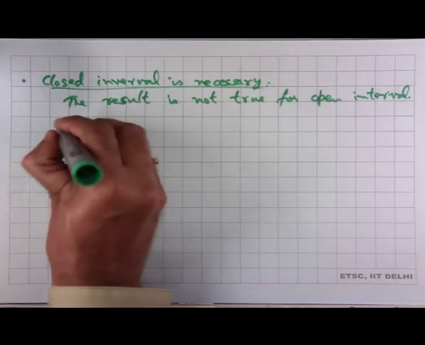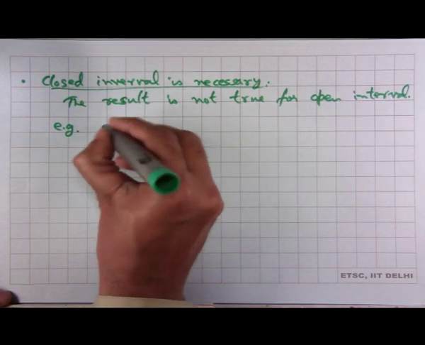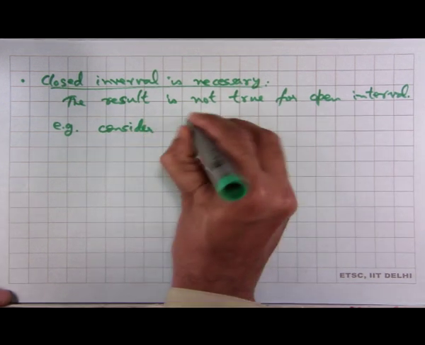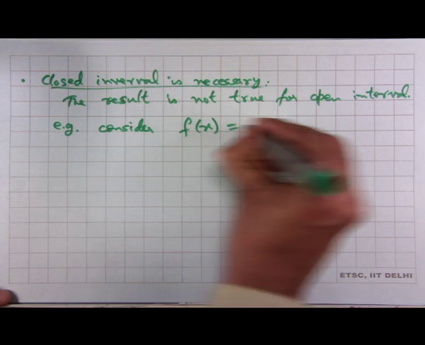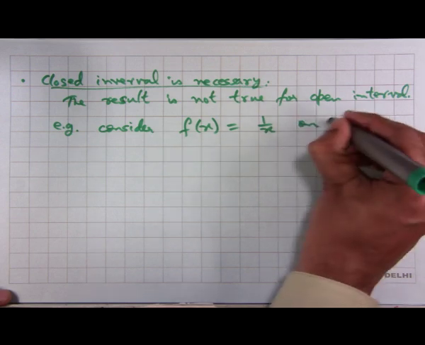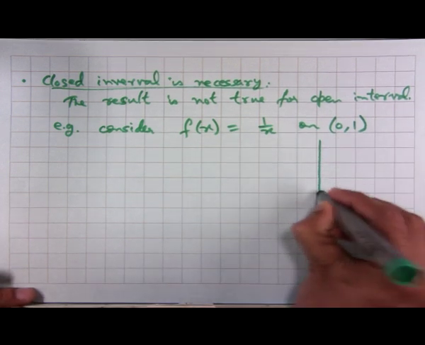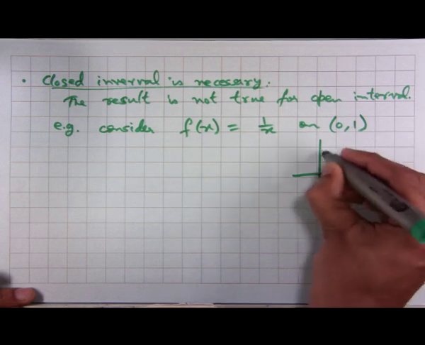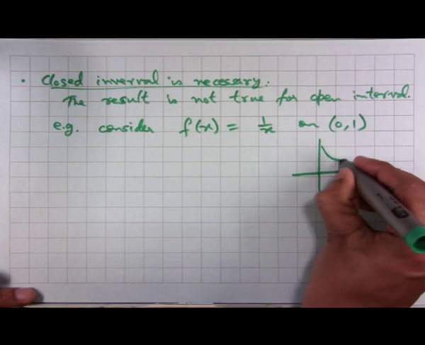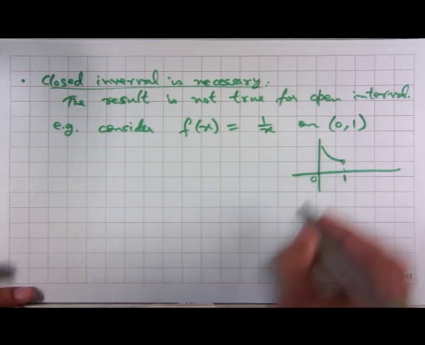For example, consider f of x equal to 1 by x on the open interval 0 1. So, the function is 1 by x.